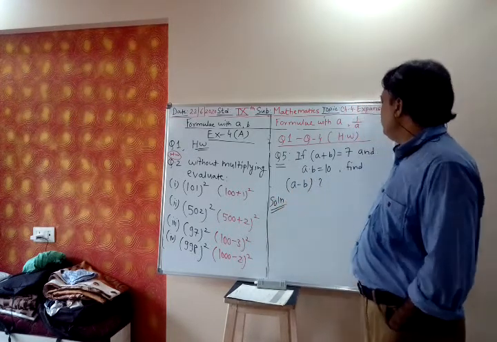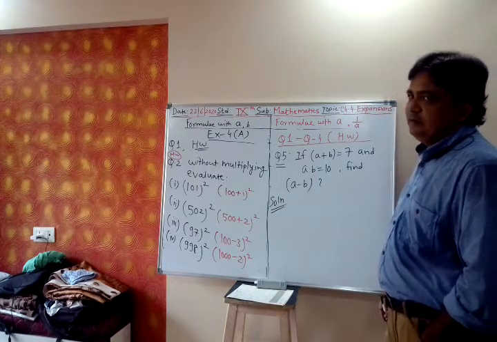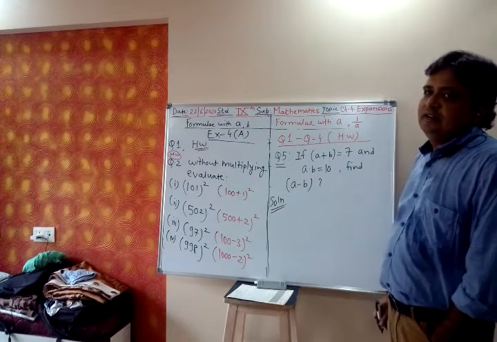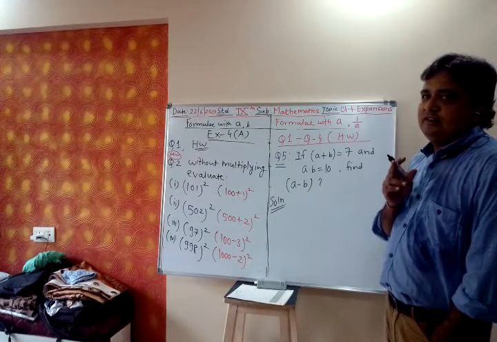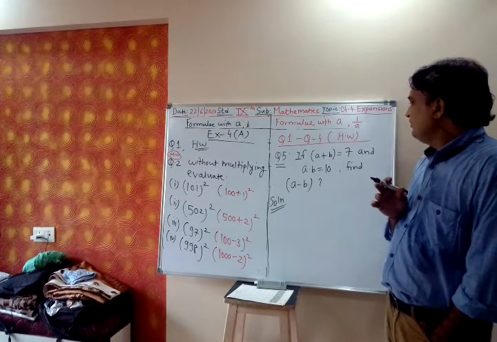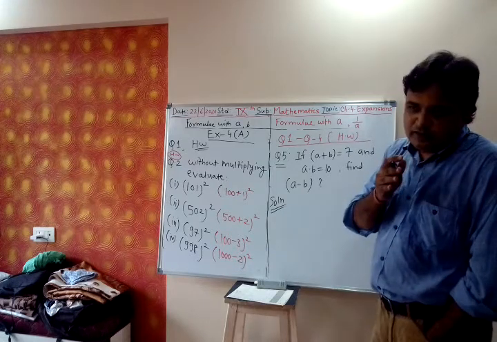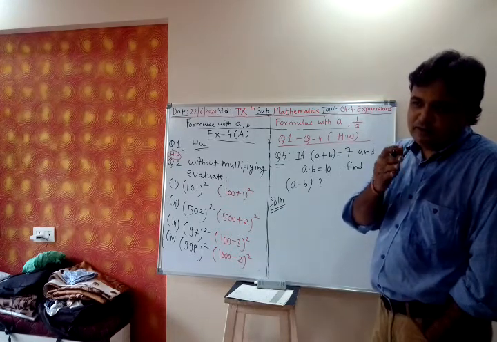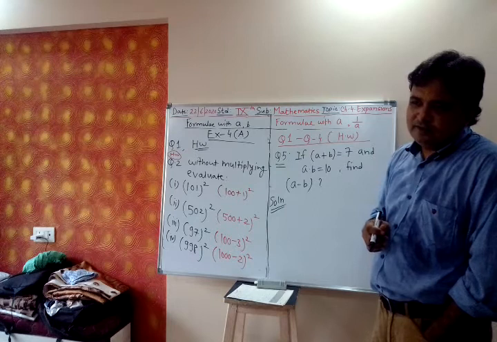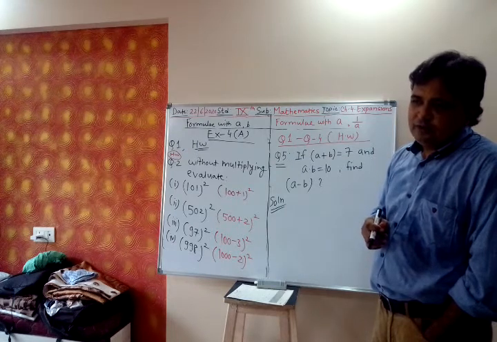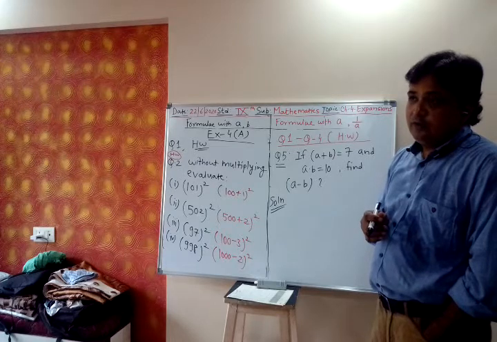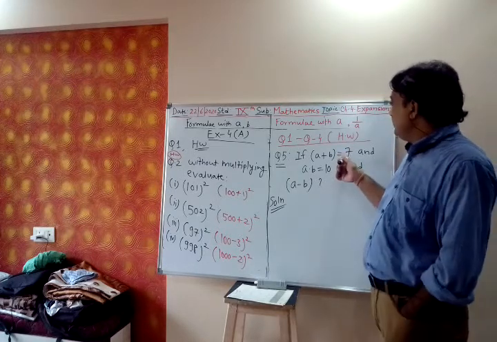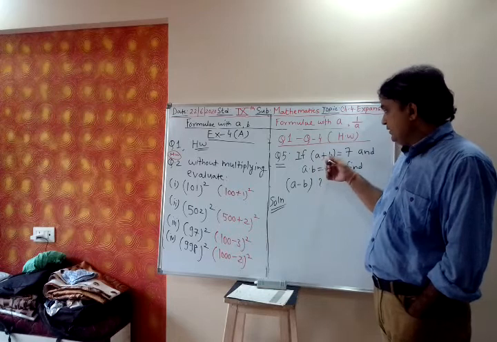We are given the value of a plus b. That formula you will write, but do you know the value of a square plus b square? No. A square plus b square is not 7. A plus b is 7.